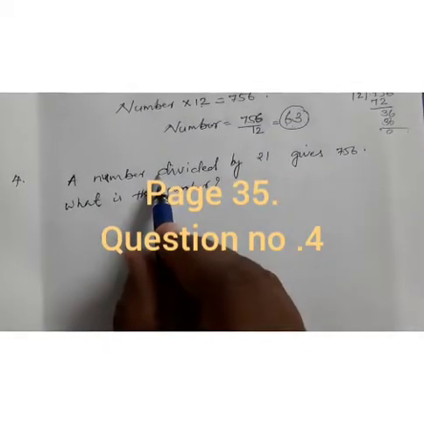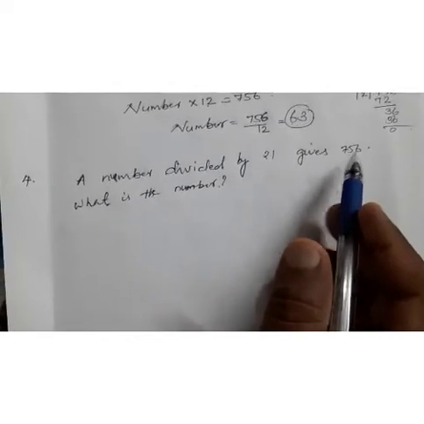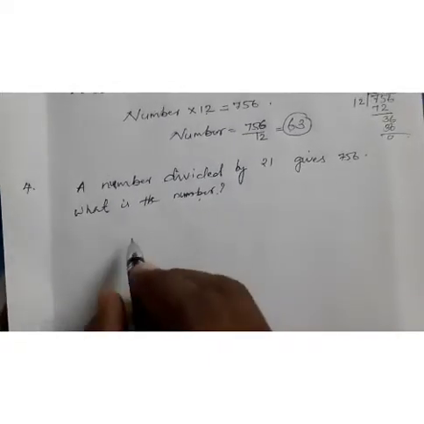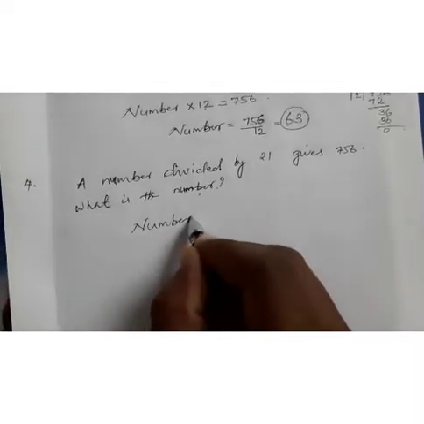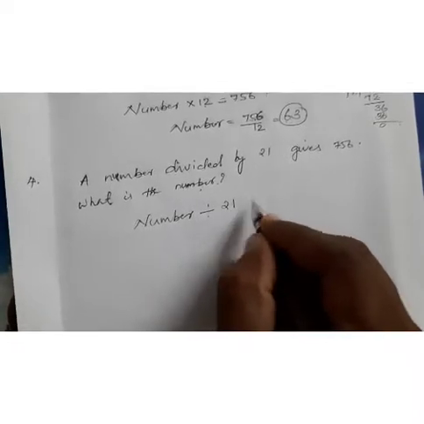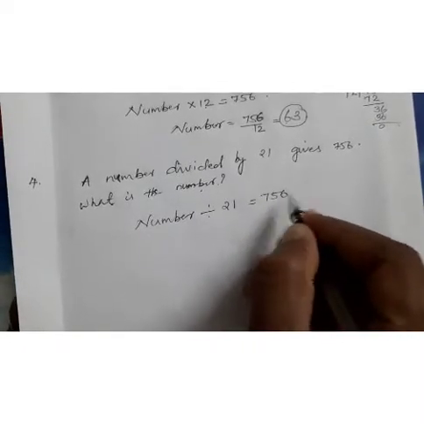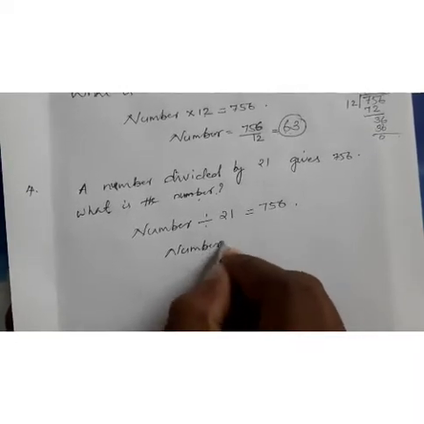A number divided by 21 gives 756. What is the number? A particular number divided by 21 gives 756. That number you have to find out.